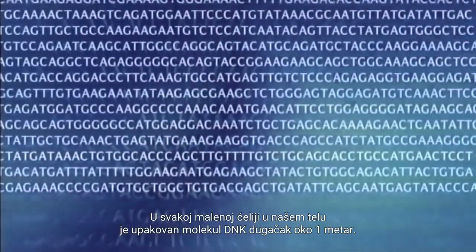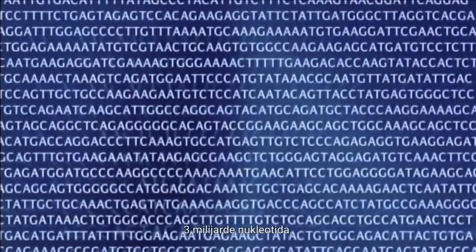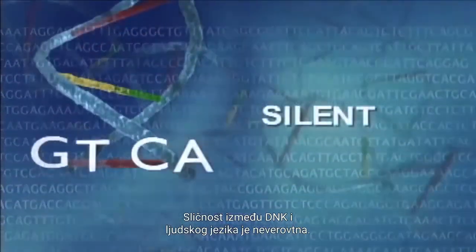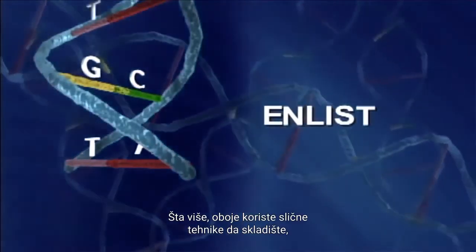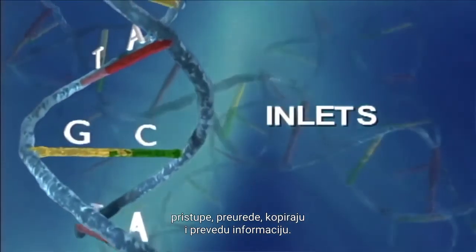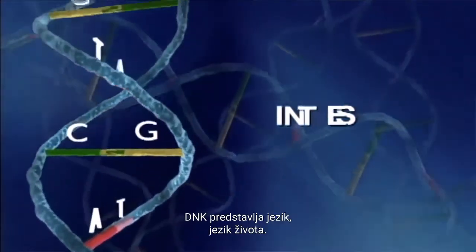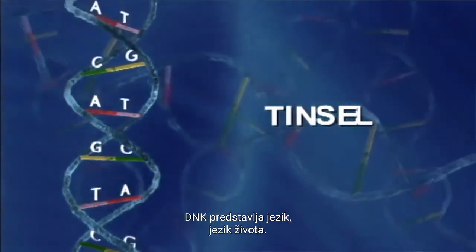Every tiny cell in our body is packed with 3 feet of DNA, 3 billion nucleotides. The similarity between DNA and human language is uncanny. In addition to codes, both use similar techniques to pack, access, rearrange, copy, and translate information. DNA seems to represent a language, the language of life.